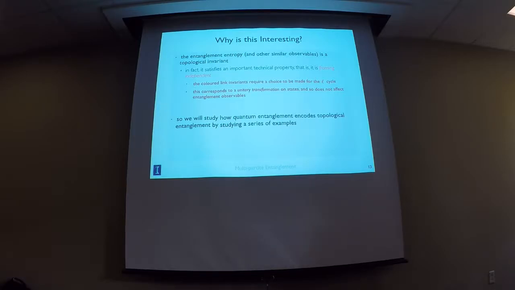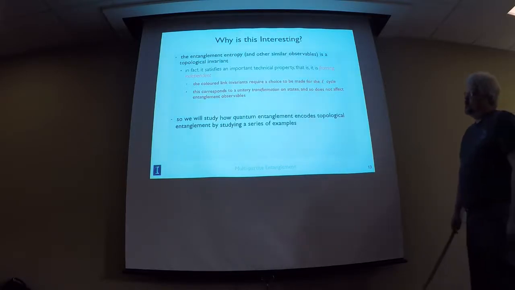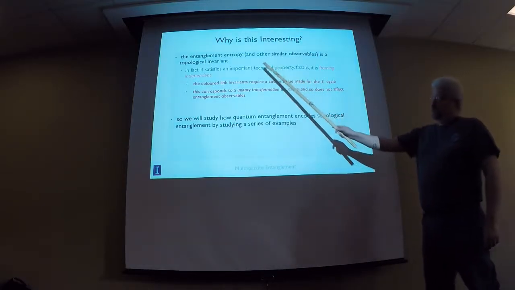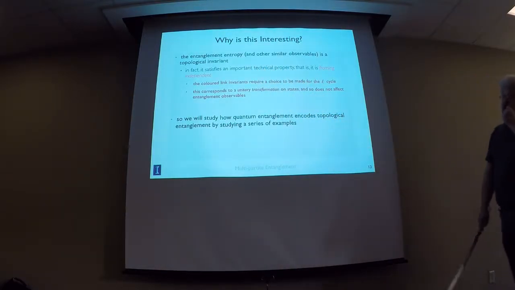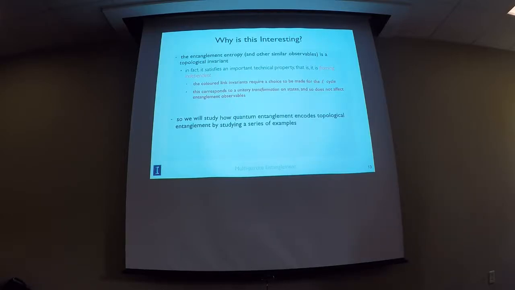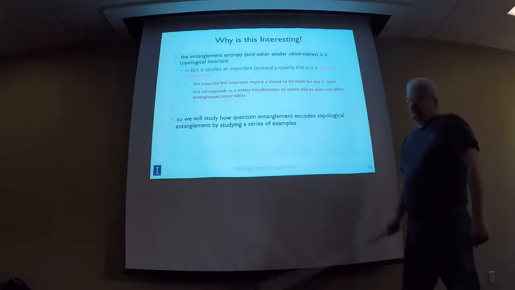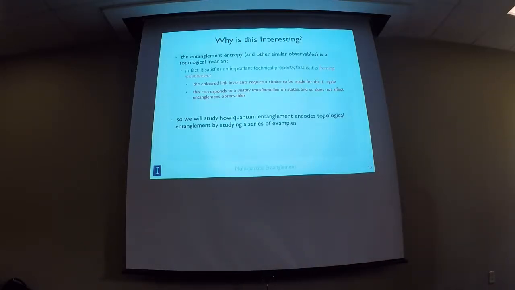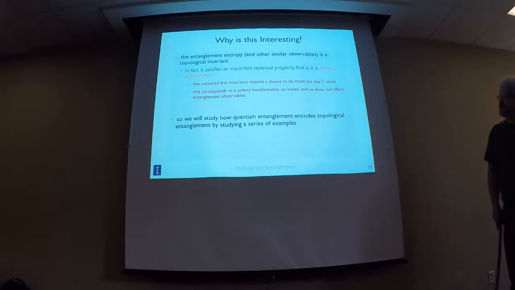Another interesting feature of this, which I think is very important, is that the entanglement entropy that I just discussed, and that we're going to construct in detail in the rest of the talk, is, first of all, a topological invariant. You can think about this as related to, say, Jones polynomials in specific cases.